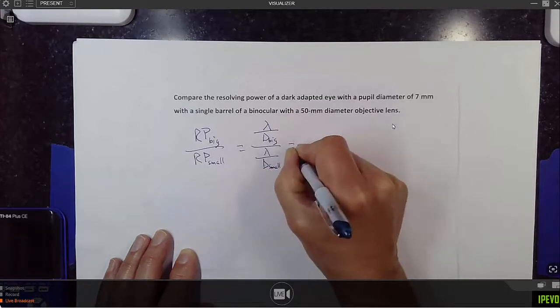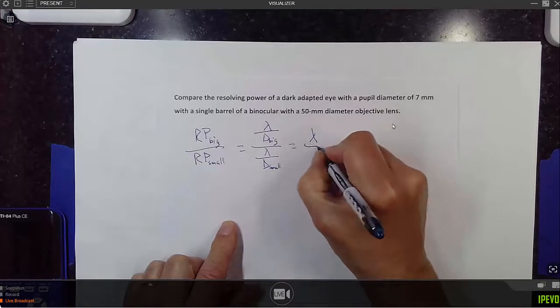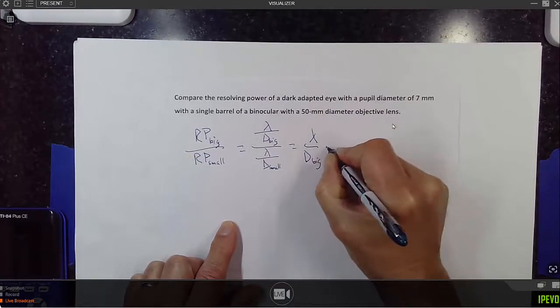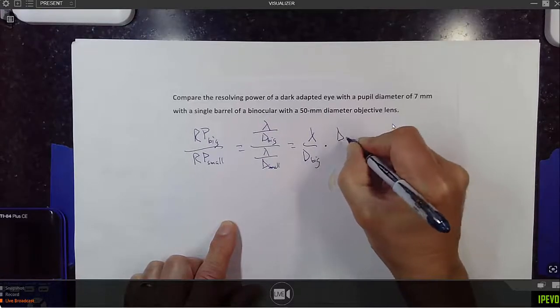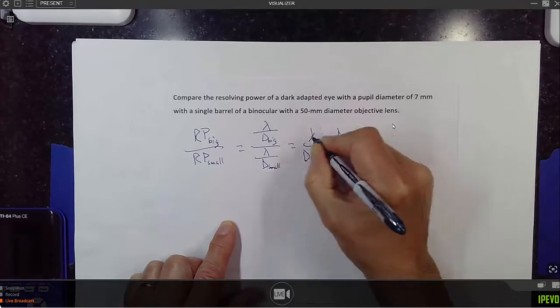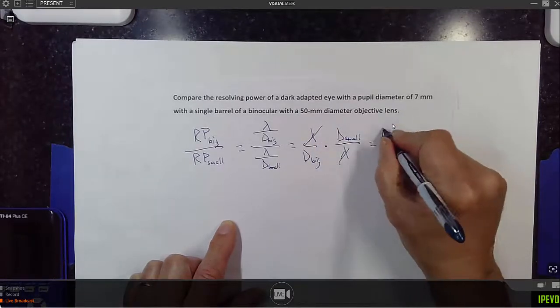Now, when you divide one fraction by another, you invert and multiply, so I'll have lambda over the diameter of the big times the diameter of the small over lambda. You can see the wavelengths divide out.